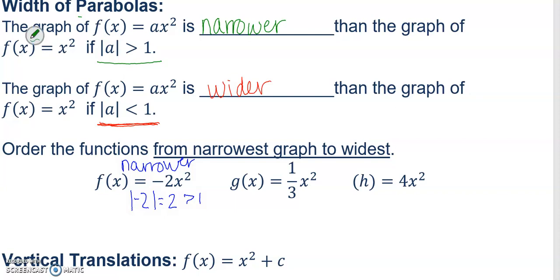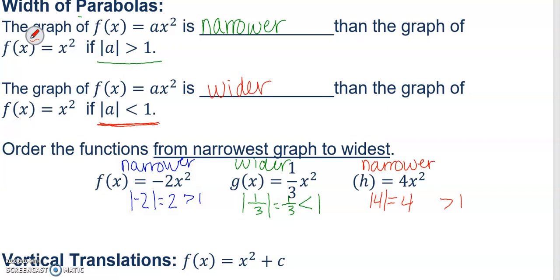For g of x here, my absolute value of 1/3 is 1/3, and that is smaller than 1, so I know this is going to be a wider graph. And for h of x equals 4x squared, the absolute value of 4 is 4, which is greater than 1. So this one's going to be a narrower graph.